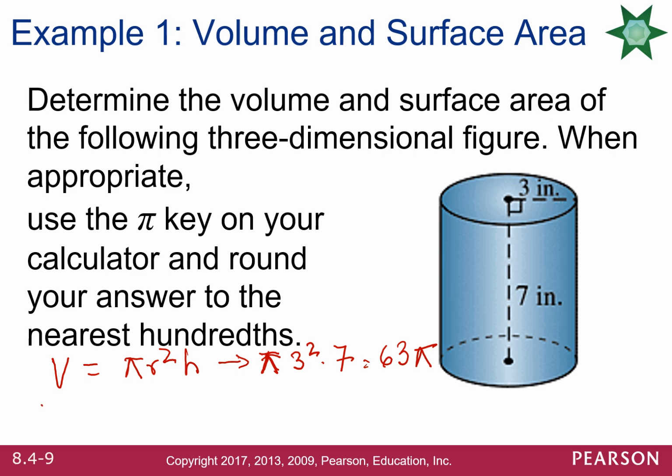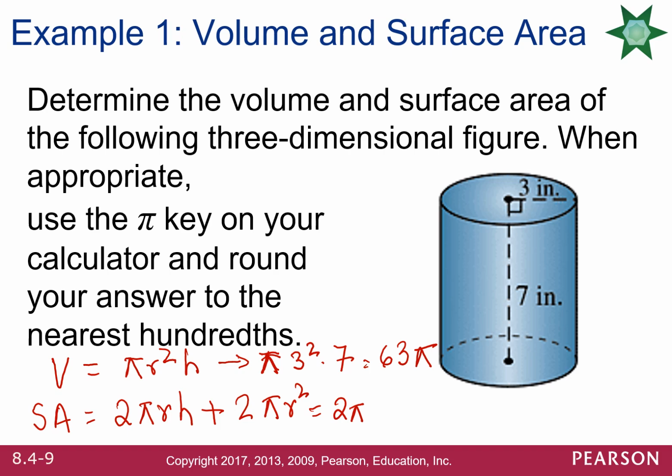And for the surface area, the formula is 2 times pi r h plus 2 pi r squared. So 2 pi r h, just substitute the values of each of these variables. So it's going to be 2 pi times r is 3 and height is 7.